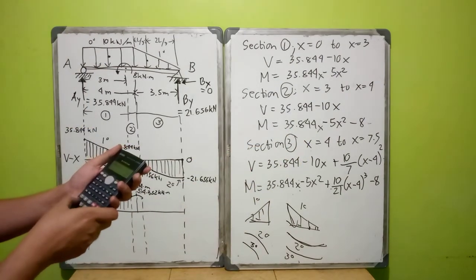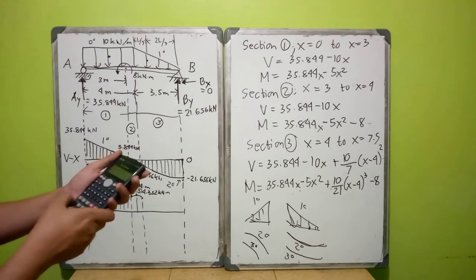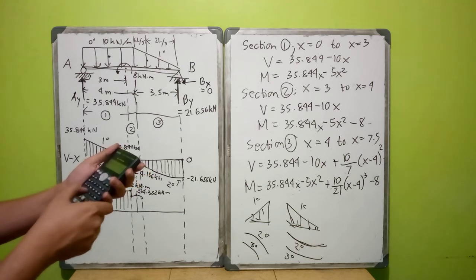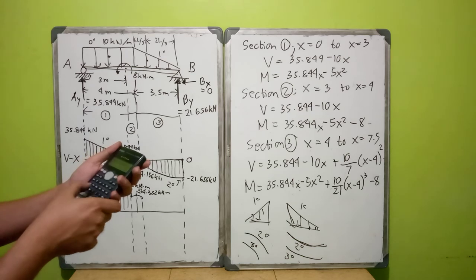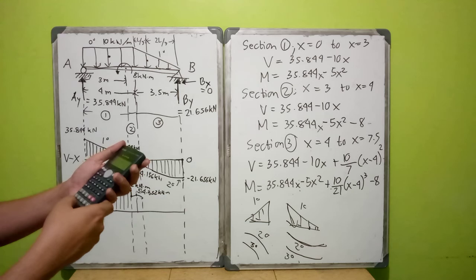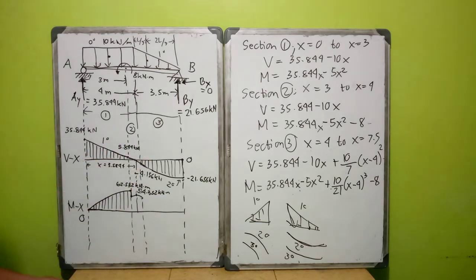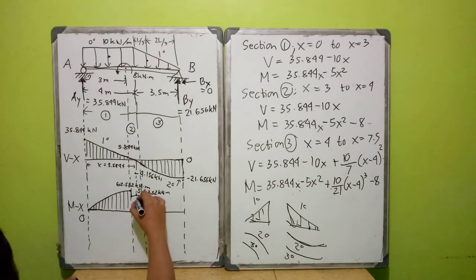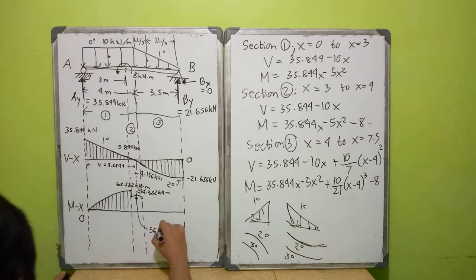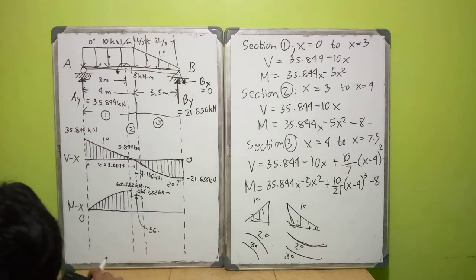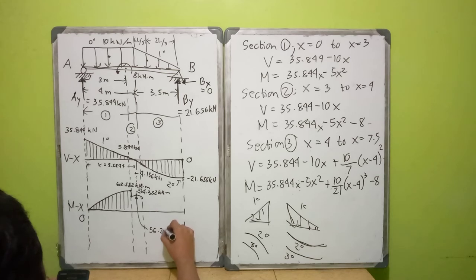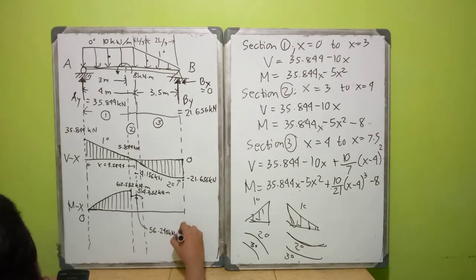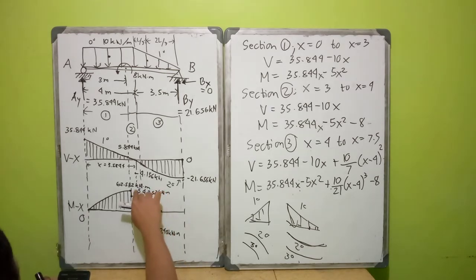So 35.844 times 3.5844 minus 5 times 3.5844 squared minus 8. So there is a value here which is equivalent to 56.240 kilonewton meter. Okay? So in this area.